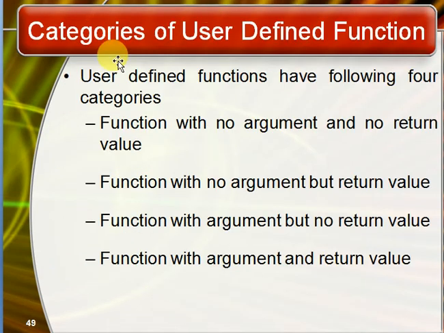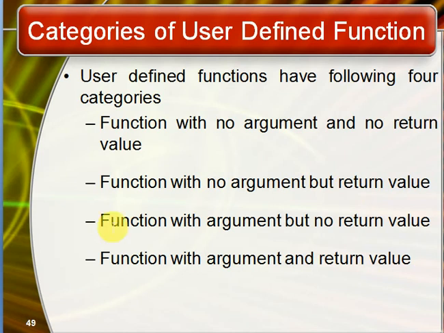Now let us discuss categories of user defined functions. User defined functions have the following four categories. These are very important categories. Function with no argument and no return value. Then the second one is function with no argument, but that function is returning a single value.